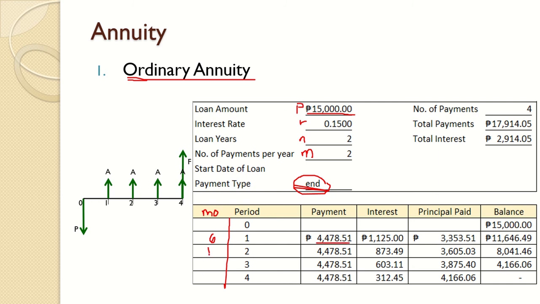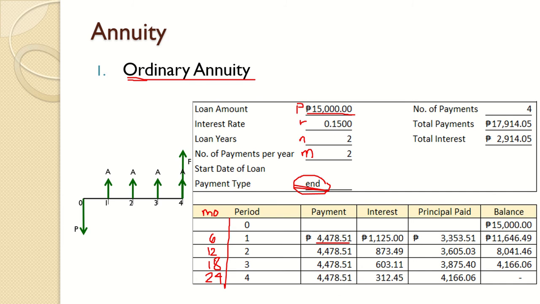Then at the end of the first year, at the 12th month, there is a payment. Then at 1.5, that's the 18th month, there is a payment. And on the second year, which is the 24th month, there is a payment. So that's your series of equal payments.